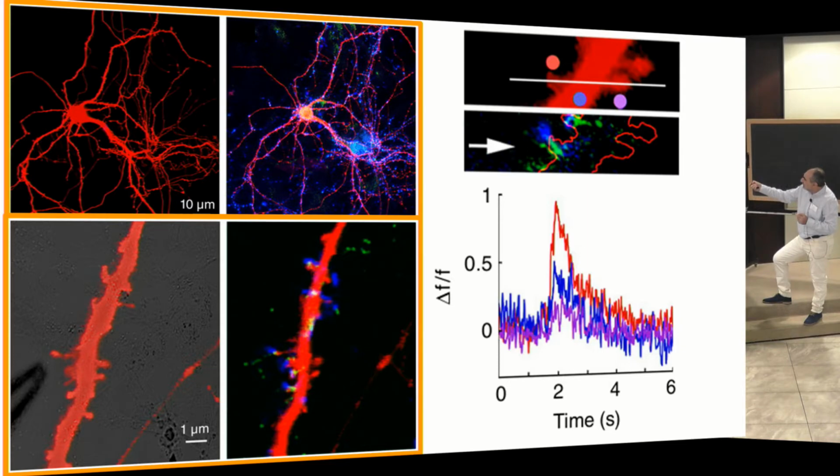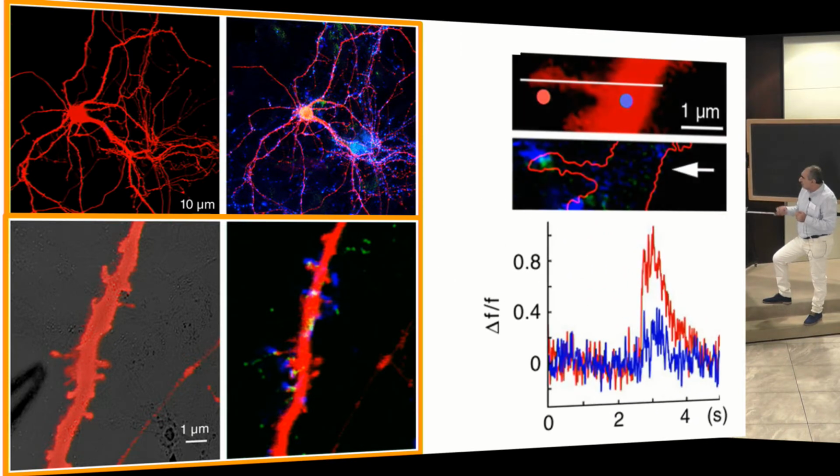The red curve is this spine which is occupied with ORI, and the other spine on the other side is not. So this violet curve has very little calcium transient.